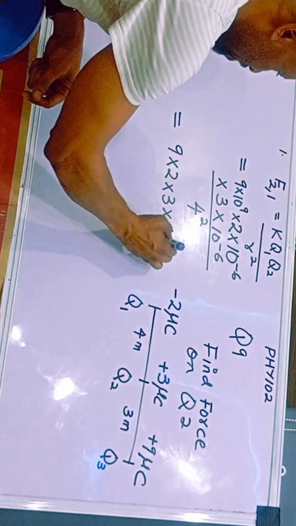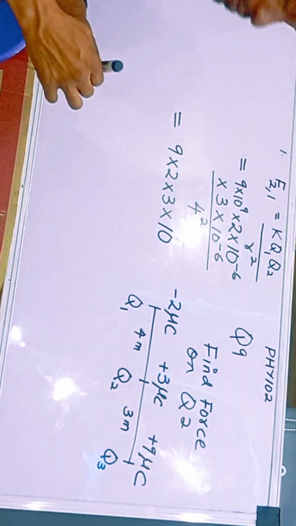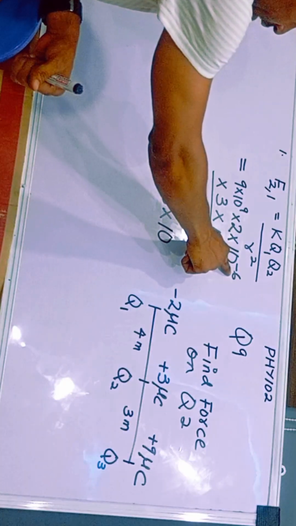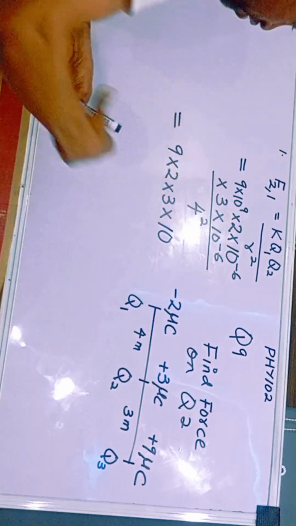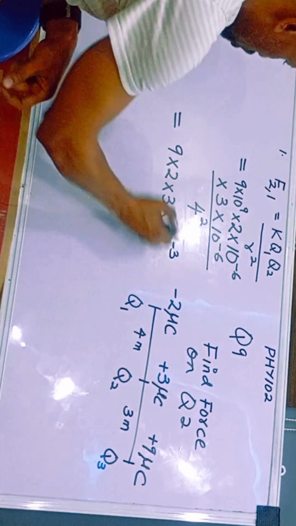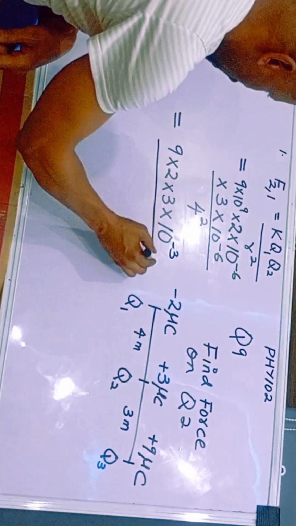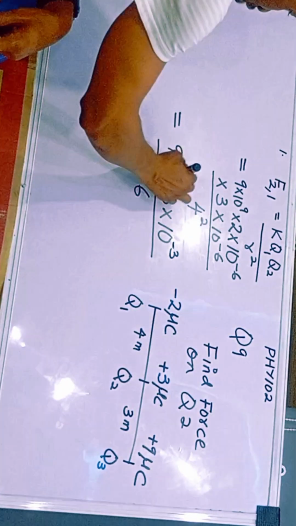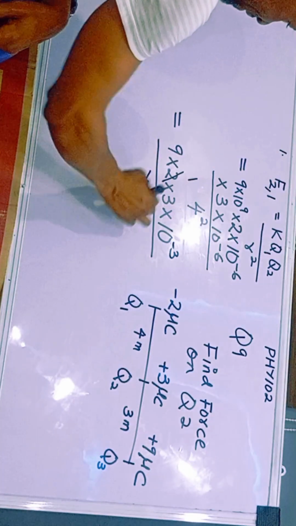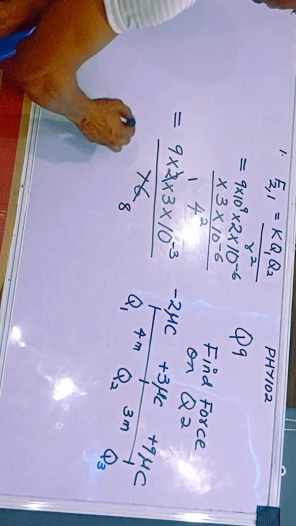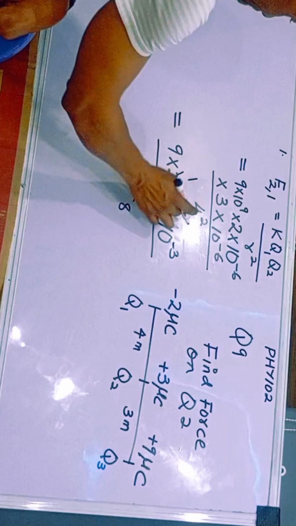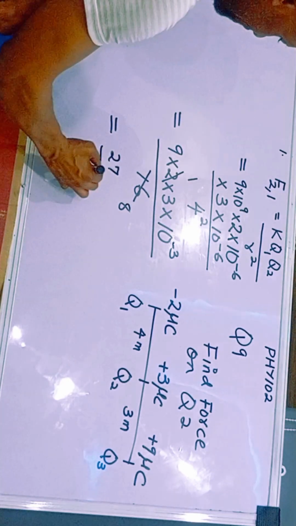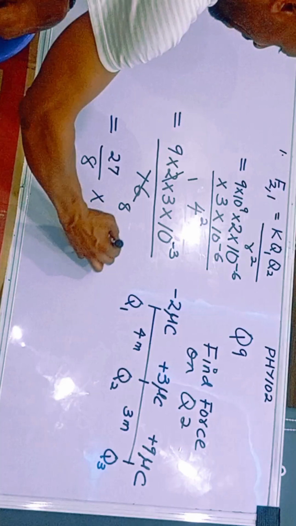I will take one of the bases and add the powers. 9 minus 6 is 3. 3 minus 6 will give us minus 3. All over 4 square, which is 16. 2 cancels itself. 2 into 16, what do you have? 8. So follow me. 9 times 3 is 27 over 8 times 10 raised to power minus 3.